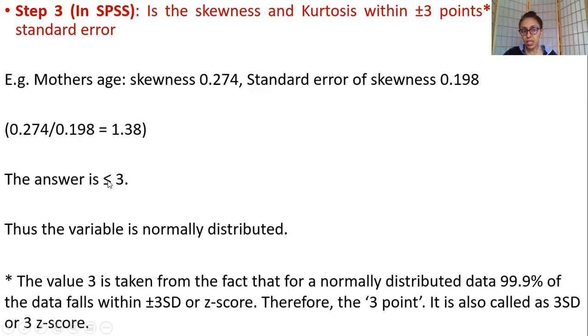The answer is less than or equal to 3, which means it's all good. The mother's age is normally distributed. So this is a second confirmation: the difference between the skewness and its standard error is not much. It is within 3 standard deviations, meaning the data is normally distributed.